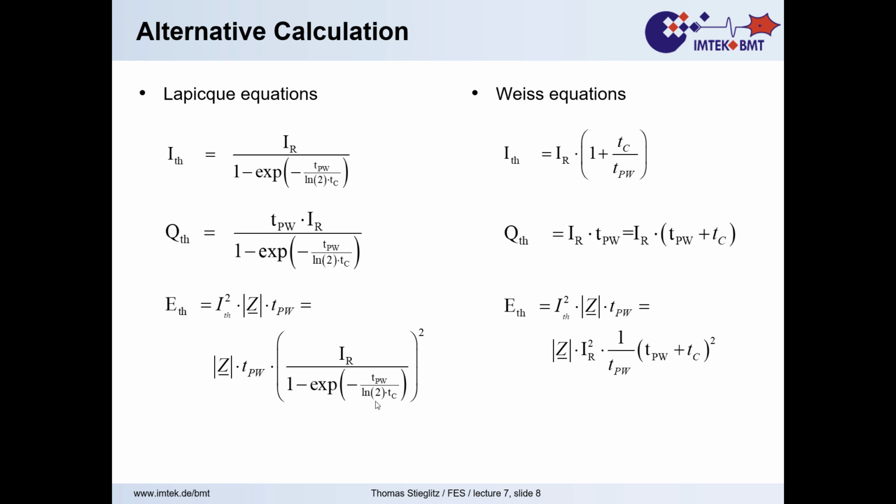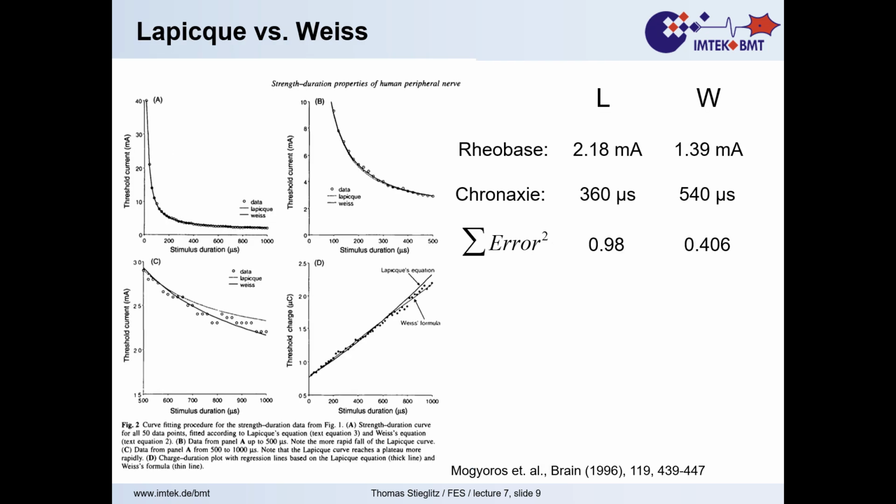And the question is, what is more accurate? There has been a paper in the late 1990s about that. L stands here for Lapicque, W stands for Weiss equation. There is a difference in there. The numbers look really serious here, but if you compare the graphs, I would say it's not that serious.